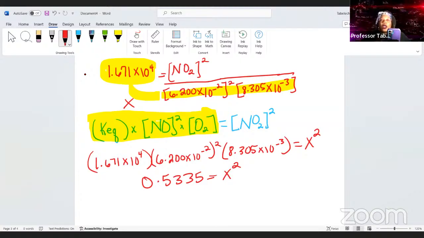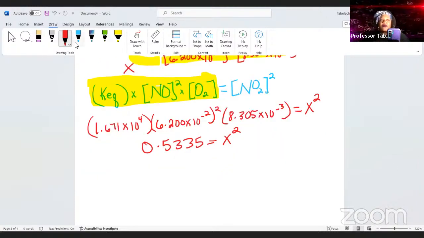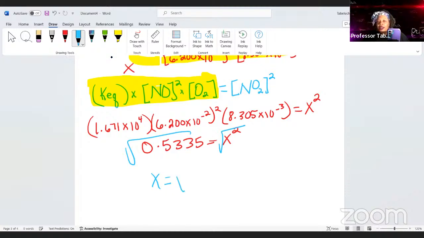But guess what? We're going to take the square root of this answer here because we want to get rid of that, okay? So I'm going to take the square root of that number. To get rid of this x squared, square root of that. So this x is equal to the square root of 0.5335.